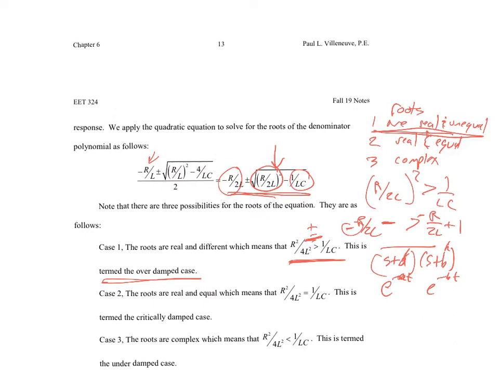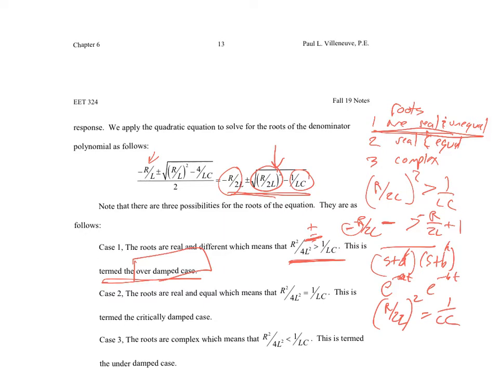So we've damped the system down to the point where it is overdamped. It's taking longer than necessary to reach steady state, and that only occurs because I've increased that resistance value too much. It's too great.